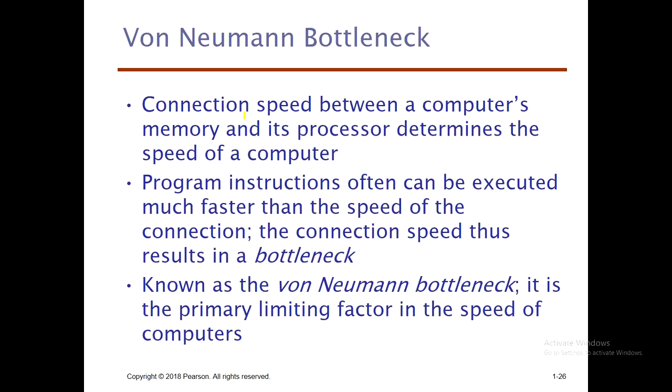If the program instructions are executed much faster than the computer speed connection, then this will create what we call bottleneck. So simply, a bottleneck is one of the limitations of the speed of computers, and sometimes you'll find your computer freezing. Why freezing? Because the instructions are executed faster than the speed of your connection. The connection speed of your computer is not going to match the instruction.